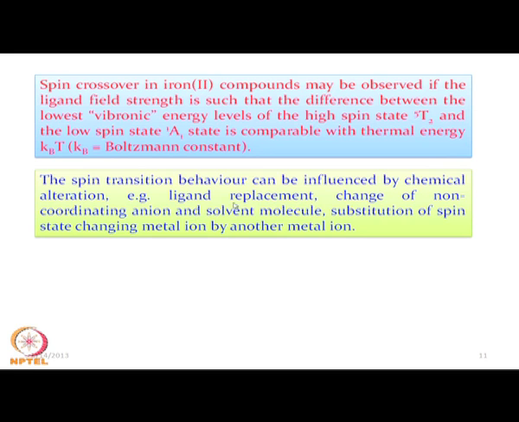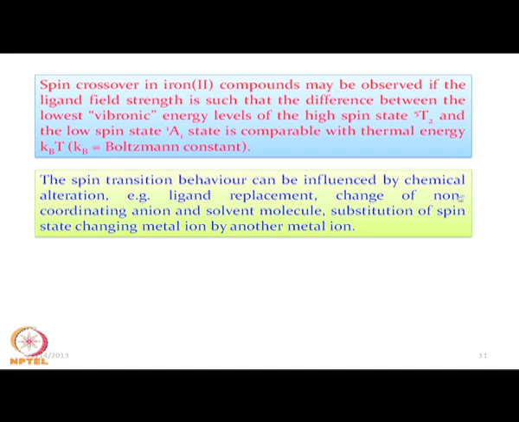So, if we change the ligand system, if we are restricting our attention to the iron 2 compound itself, the iron 2 can give rise to the low spin compound as well as the high spin compound depending upon the nature of the ligand.